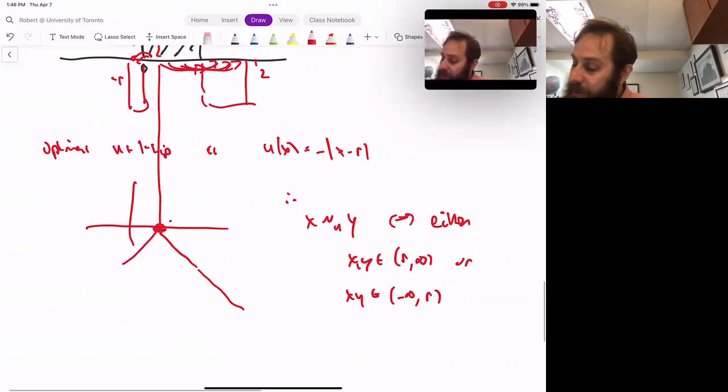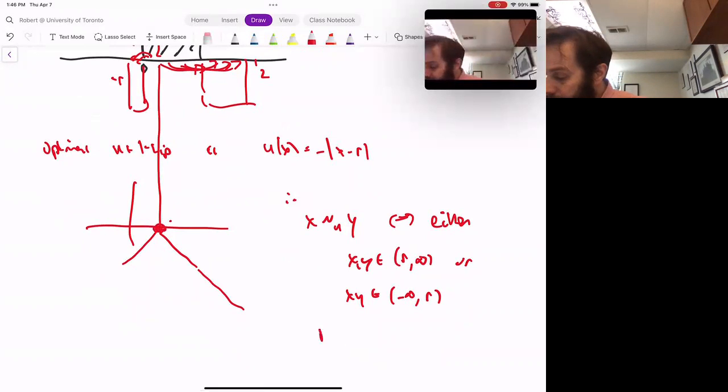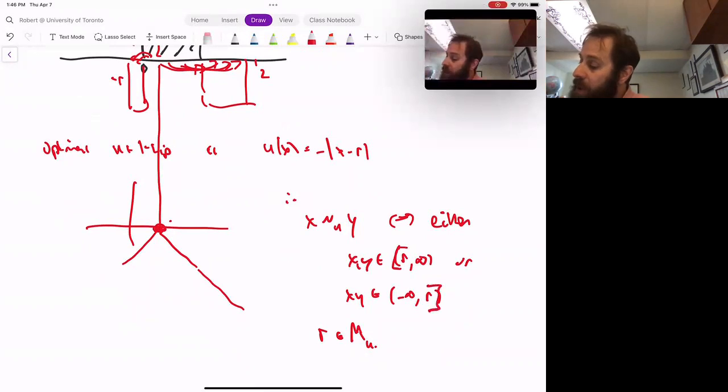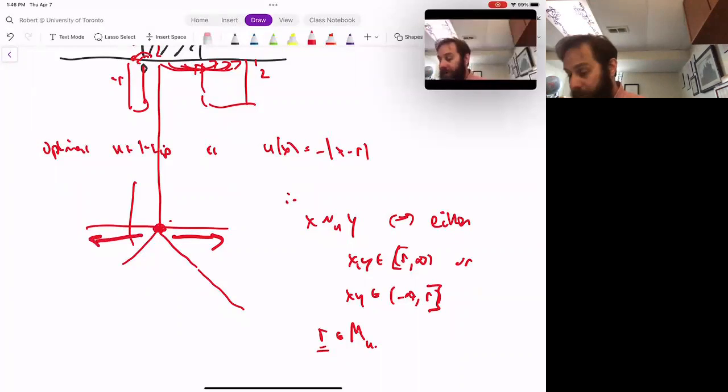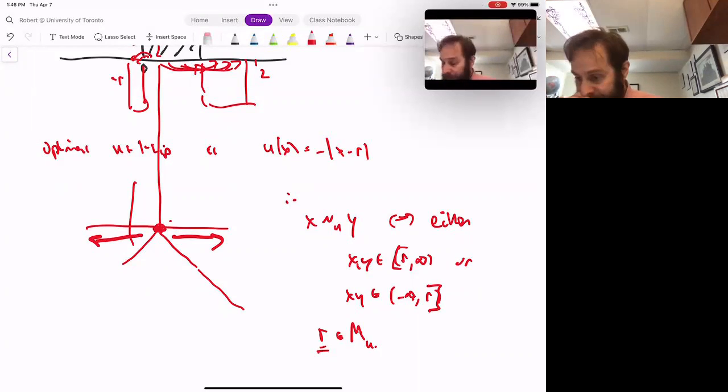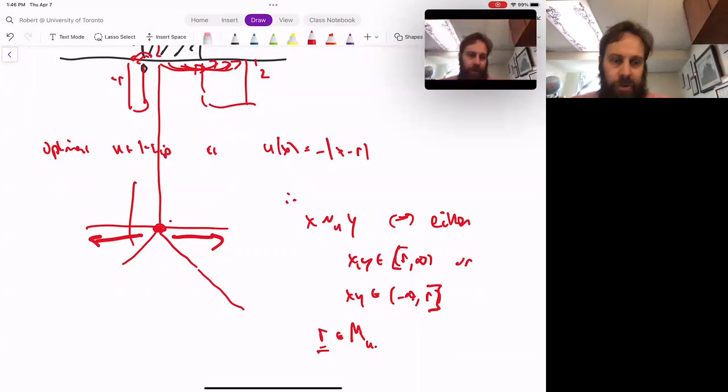This is the only multiplicity point here. Maybe I should have put closed intervals. So I have to get rid of this multiplicity point in order for these equivalence classes to be disjoint. So all the x's on the right of r are equivalent to each other. All the y's on the left of r are equivalent to each other. And I need to discard the point r. And so you see it has, in this case, measure 0.